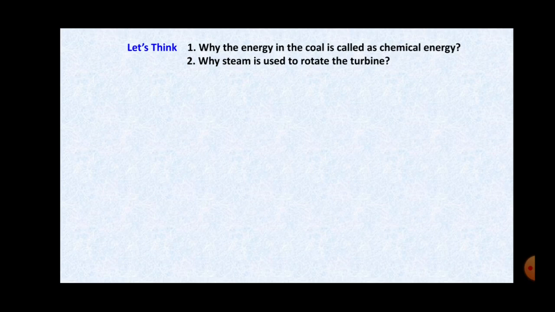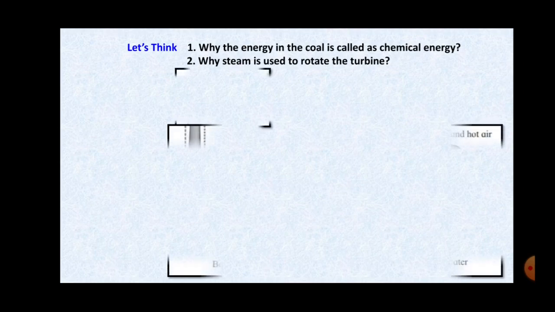Then afterwards this steam is condensed with the help of cool water, and then again it is converted back into water, because when steam is condensed, it turns back into water. In this way, the conversion of water is done into steam, and steam is under great pressure and temperature, and thus it is used to rotate the turbine.